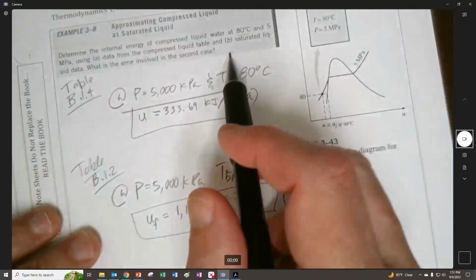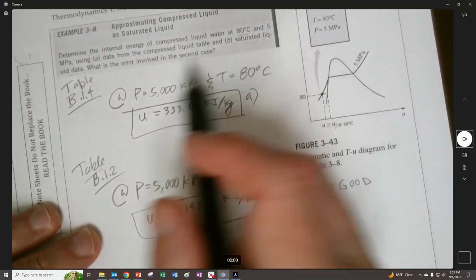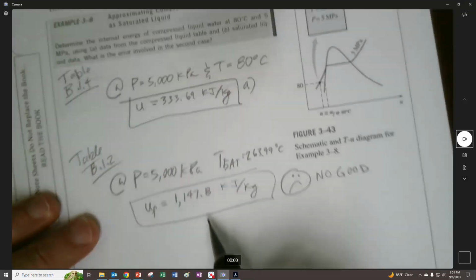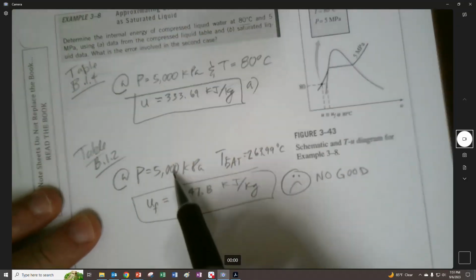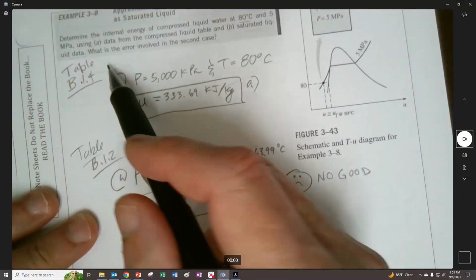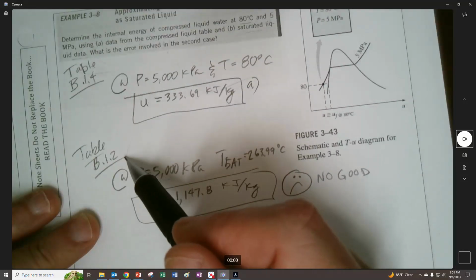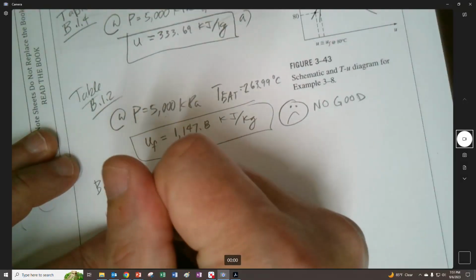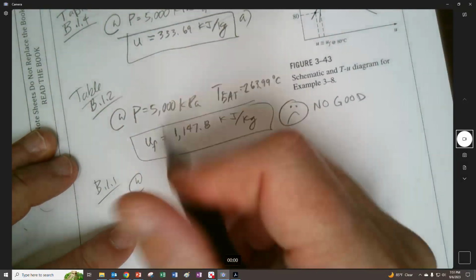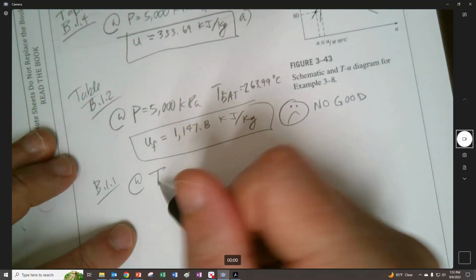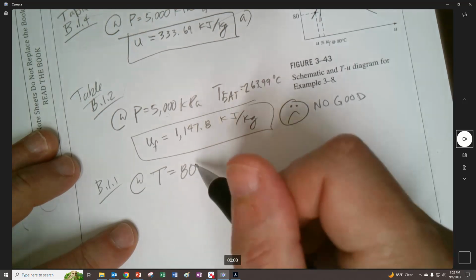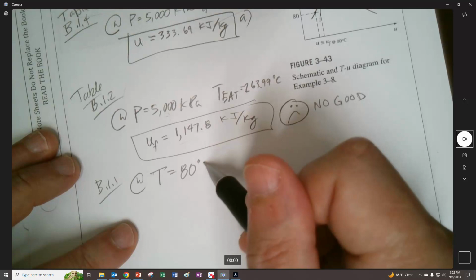So we're asking for saturated liquid data, right? So maybe what we should do is look at a different table. They didn't say what table to go to. I guess I said what table to go to. Let's go to B.1.1 and go to the temperature at 80 degrees Celsius.